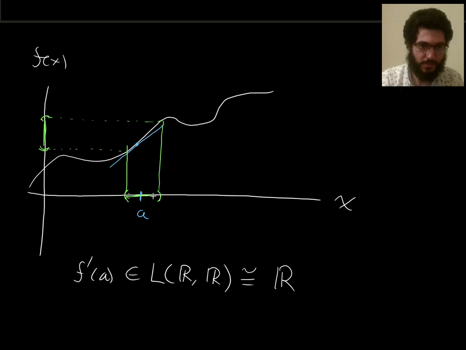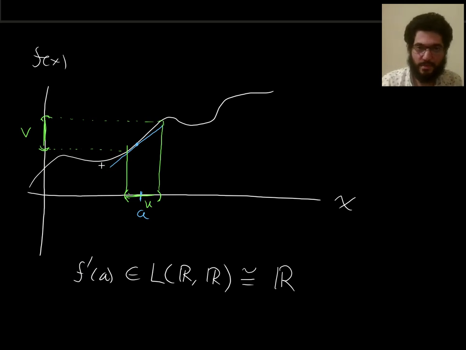So this would be our U, and this would be our V. It can be arranged so that the image V is also an open set. And finally, also the inverse, if you write down the inverse function, so you've got a bijection here, then that will be a continuously differentiable function.